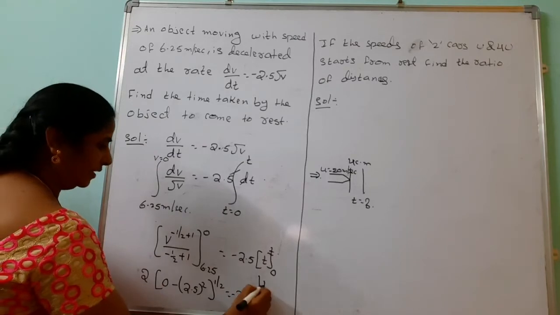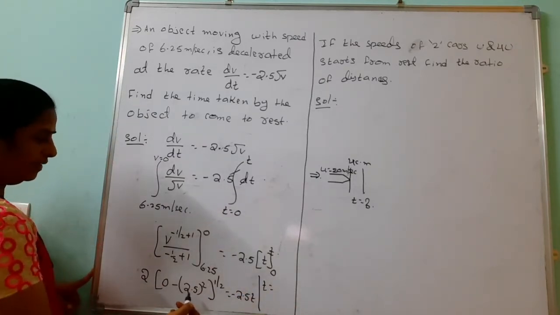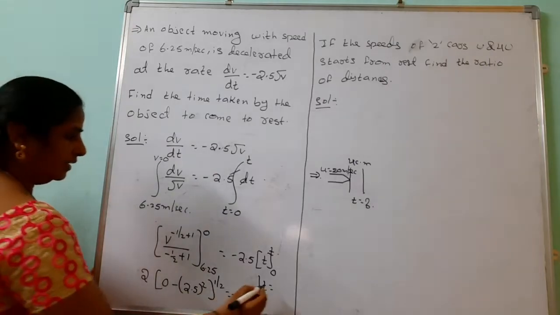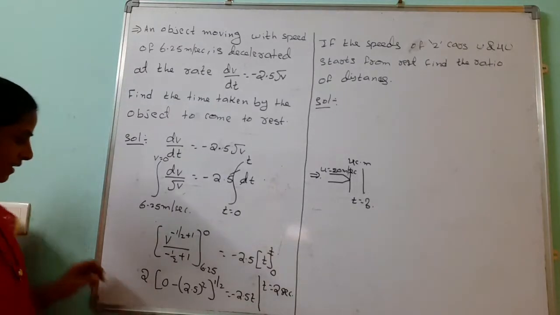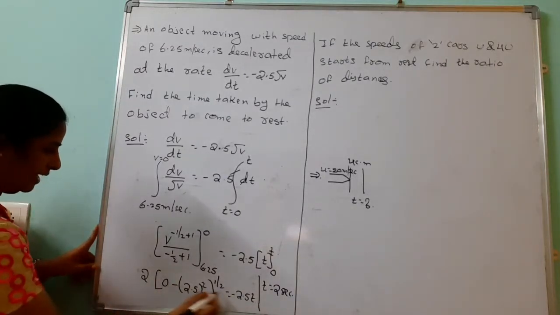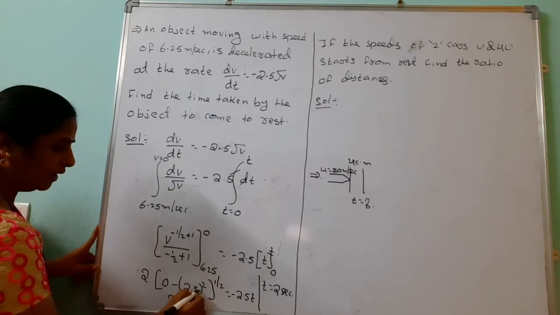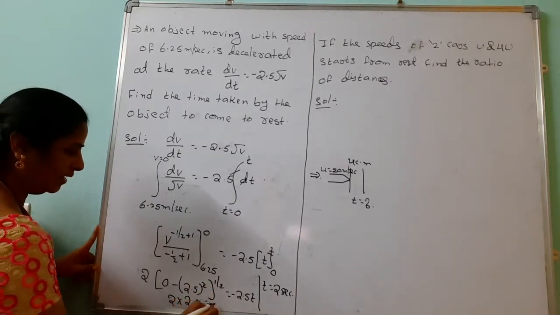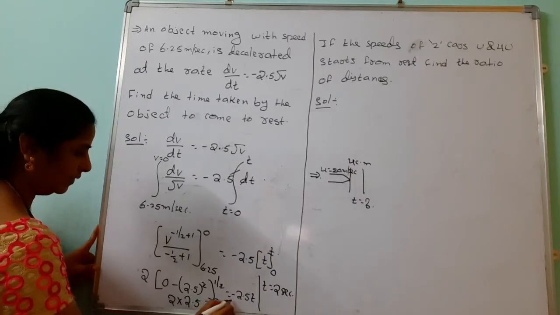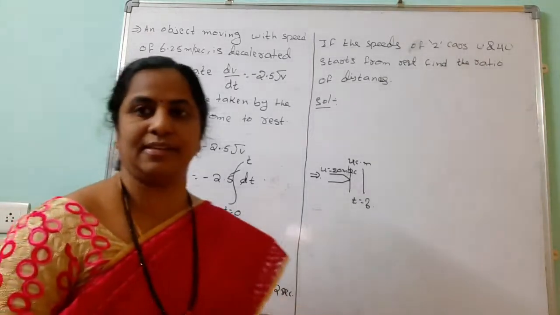After simplification we get t equals 1 by 2.5, which cancels, under root of this, t equals 2 seconds. If you want to do this, minus minus cancels, 2 into under root of 2.5 whole square, and the under root cancels, so you get 2.5 equals 2.5 into t. After simplification, time equals 2 seconds.